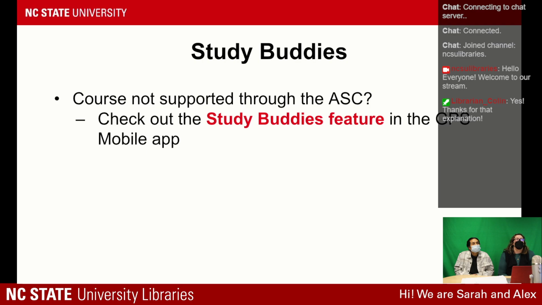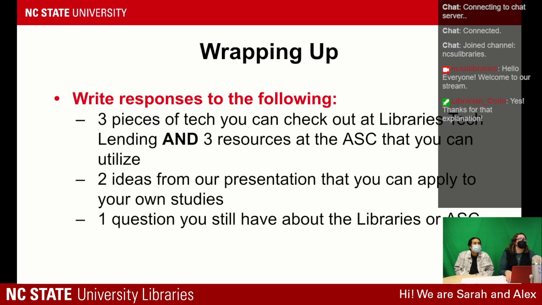So it's a really great way to get connected with your peers in your classes. That's also a really great way to get help if you're having trouble finding support for a course. If you have a course that you're not seeing much help listed through the department or through another area on campus, using the Study Buddies feature can be really beneficial there.